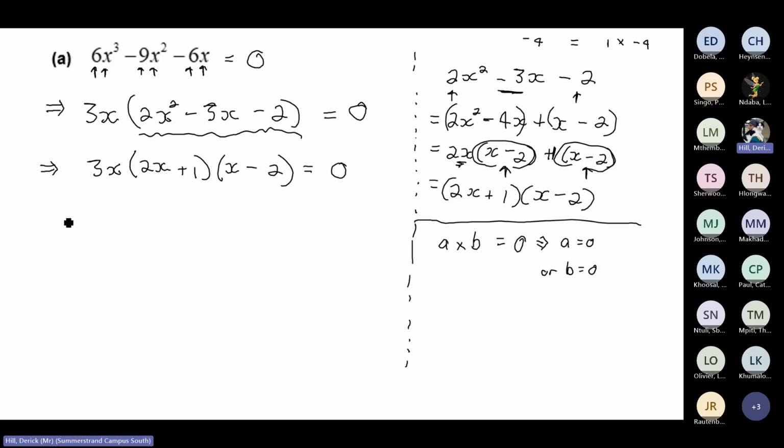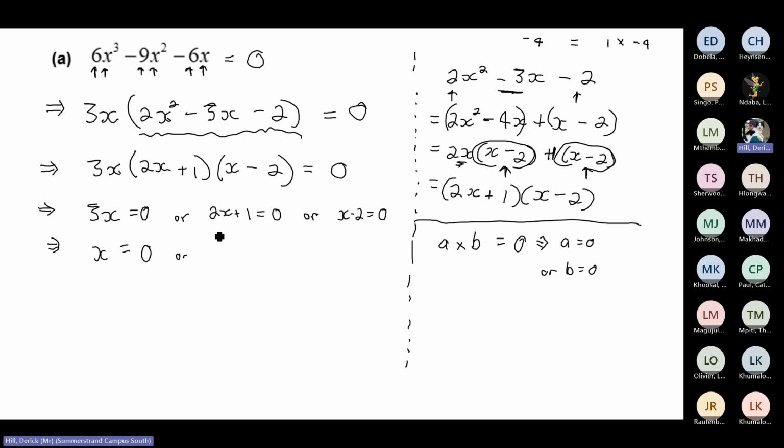So that means that 3x is equal to 0, or 2x plus 1 is equal to 0, or x minus 2 is equal to 0. If 3x is equal to 0, that means 0 divided by 3 and 3x divided by 3 gives me x is equal to 0.